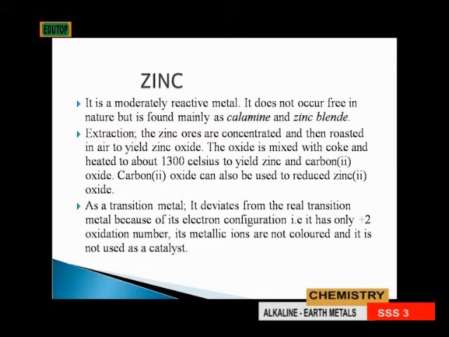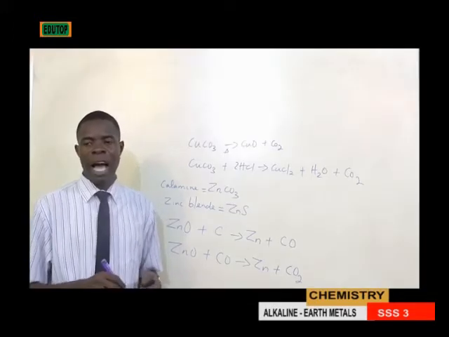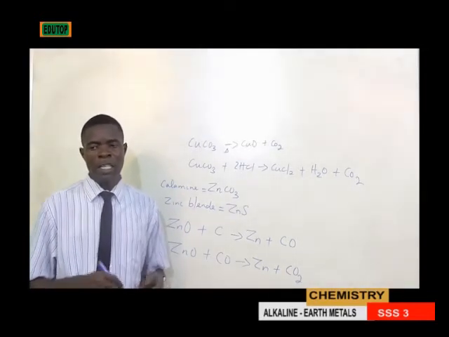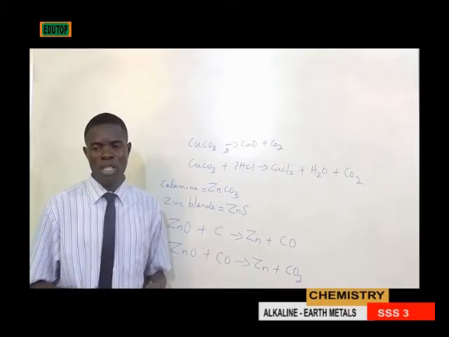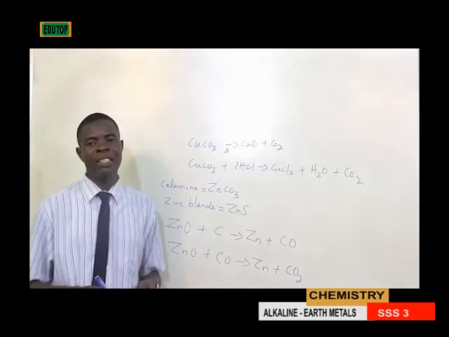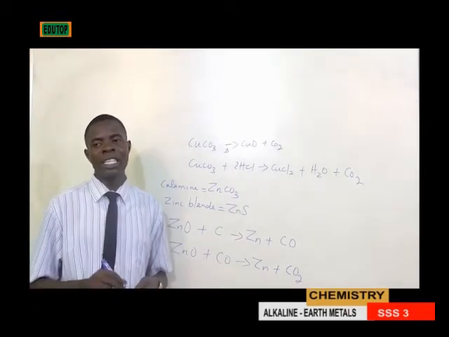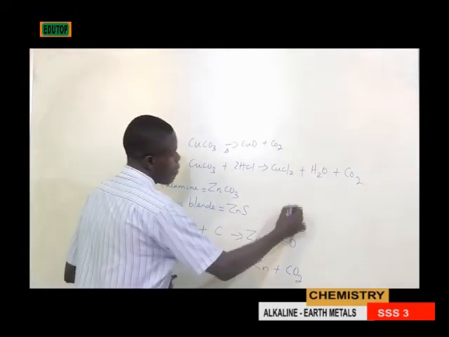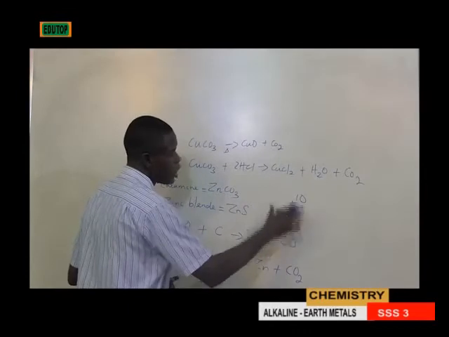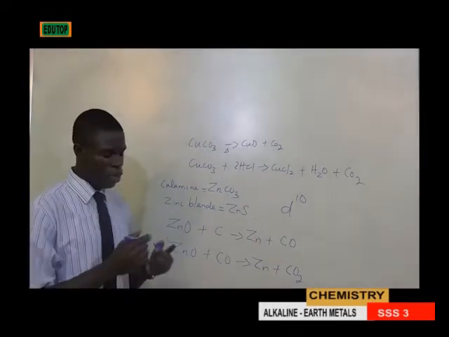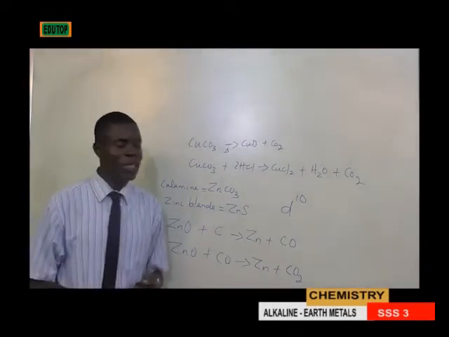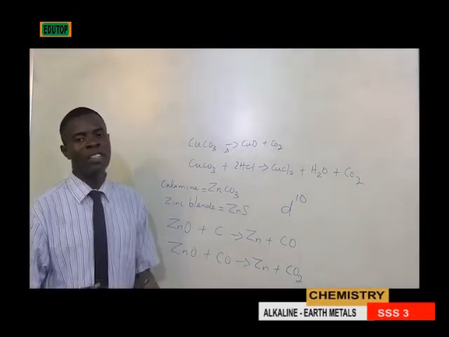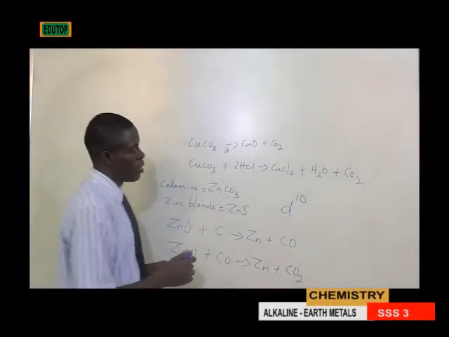All the properties of transition elements are simply that they have variable oxidation states, their ions are colored, and they are used as catalysts. But zinc is an exception due to the fact that it has fully filled d orbitals. It has 10 electrons in its d orbitals. That is why it does not behave like the true transition elements.